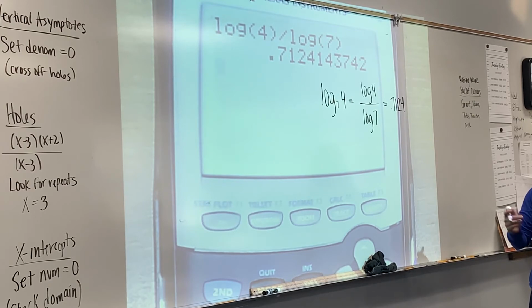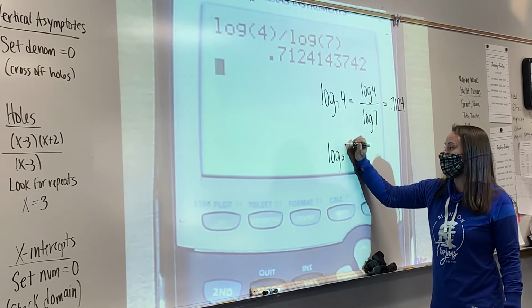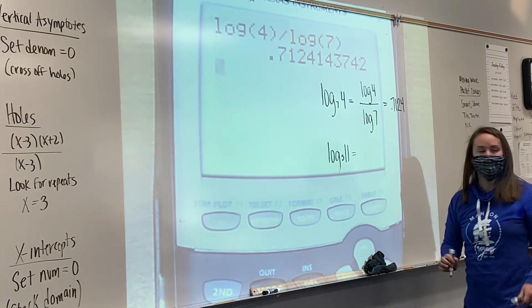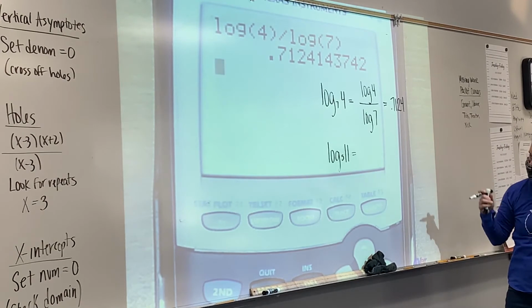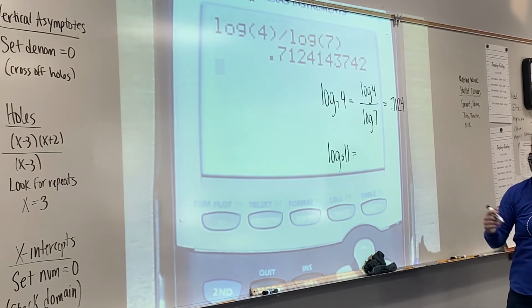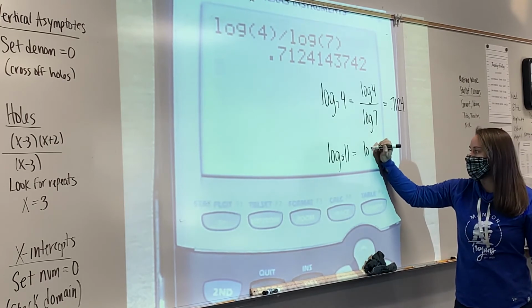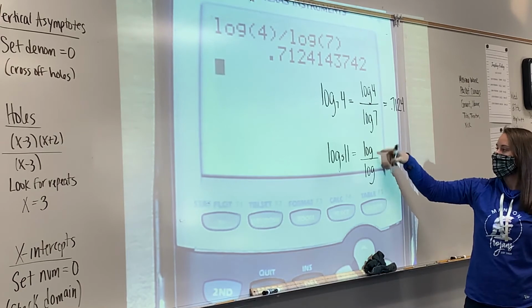Let's do another one. What's log base 5 of 11? Well, that's going to be log of what divided by log of what? What's the top number going to be? 11.